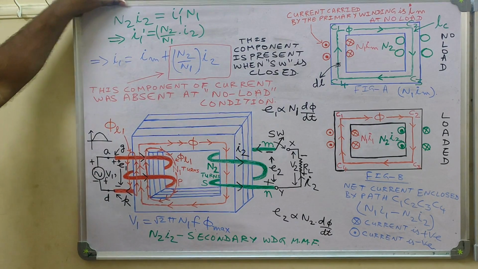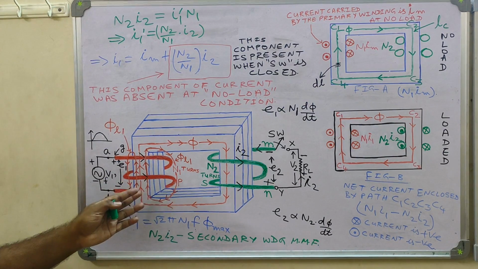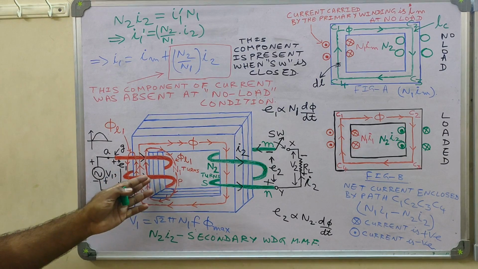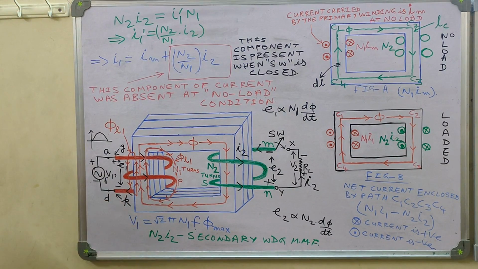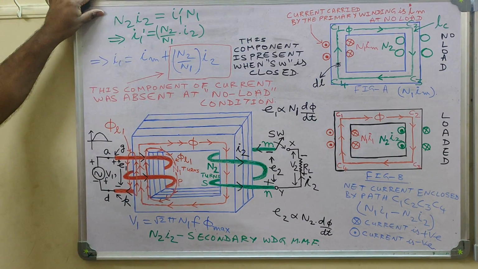N2 I2 is the secondary winding MMF which is demagnetizing in nature, and the primary winding P draws current in addition to the magnetizing current IM. It draws a current I1 dash solely to neutralize or cancel the demagnetizing MMF of the secondary winding.